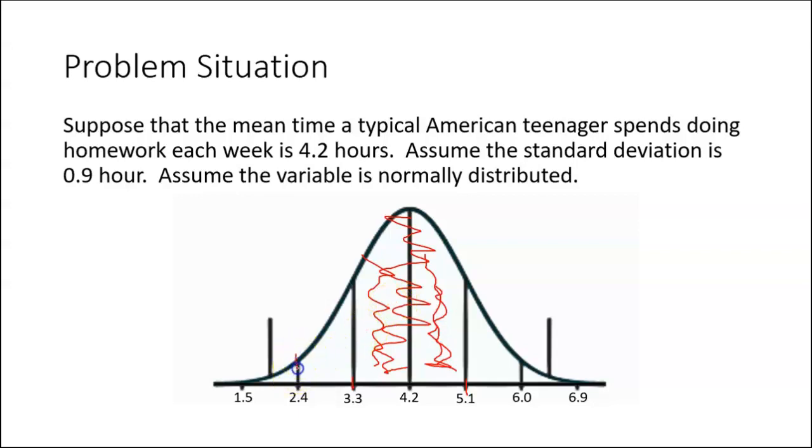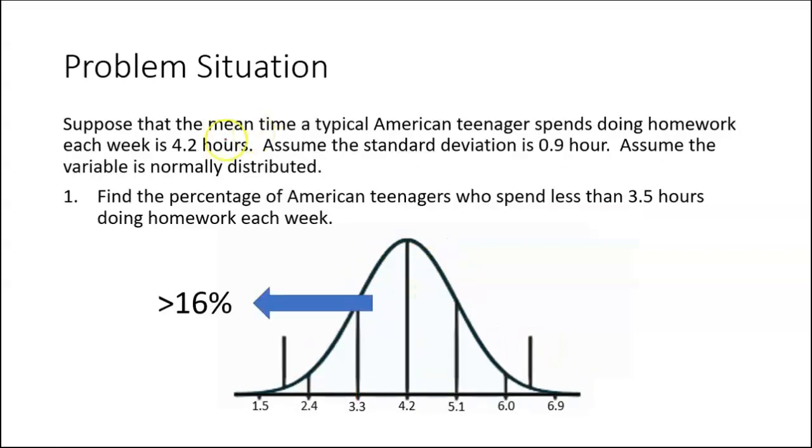If you go from 2.4 to 6.0, that would be the 95%. If we go 1.5 to 6.9, that would be about 99%. Based on this data, 99% of American teenagers spend between 1.5 and 6.9 hours doing homework. That's what this means.